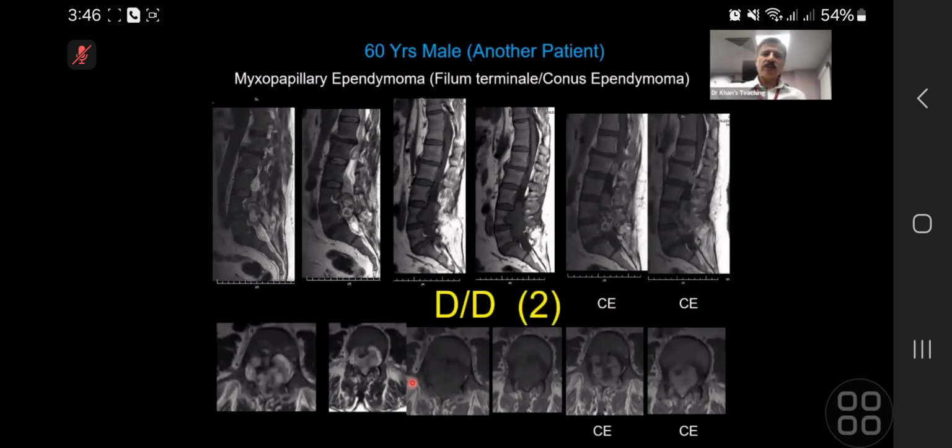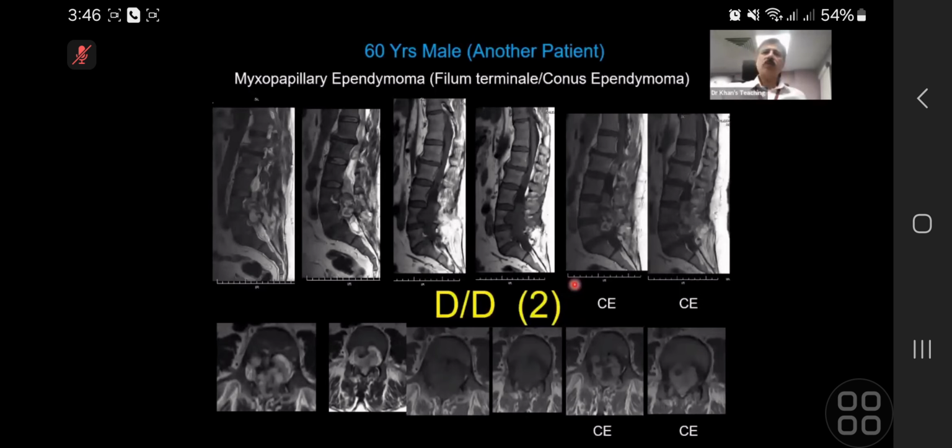Now look at these axials, and this will tell you what happens. It is sitting within the spinal canal, and it is causing this. You can see that this pedicle is thinned out. So the previous case was a similar example.